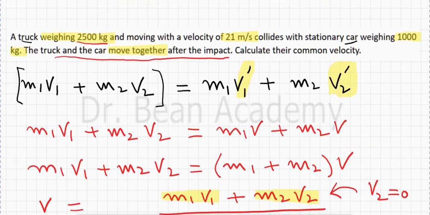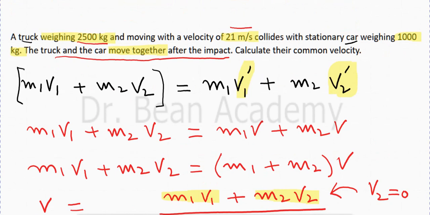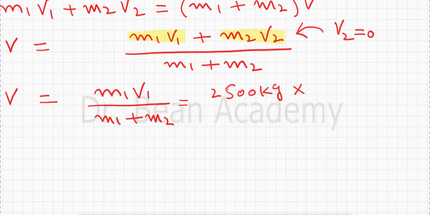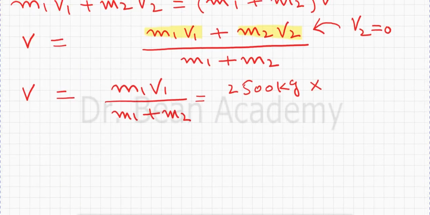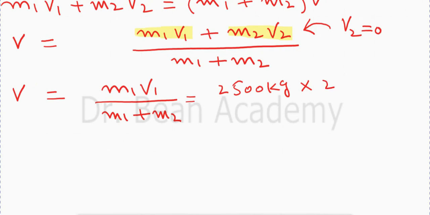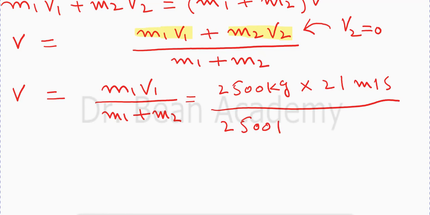In our case it is 21 meters per second, divided by the mass m1, which I already know, it's 2500 kilograms, plus m2, the mass of the car.